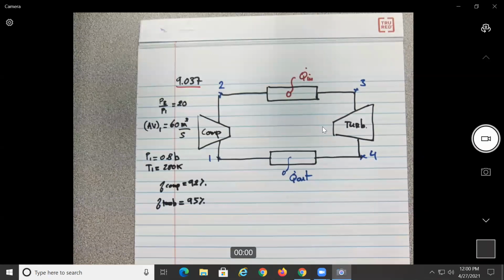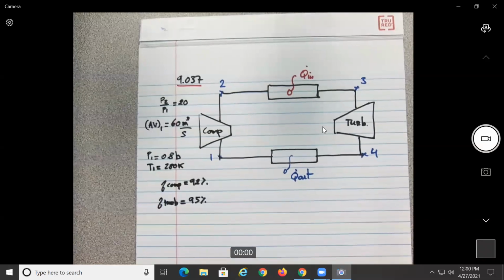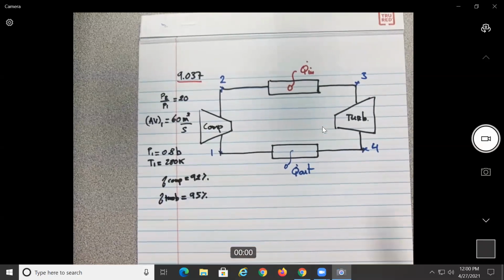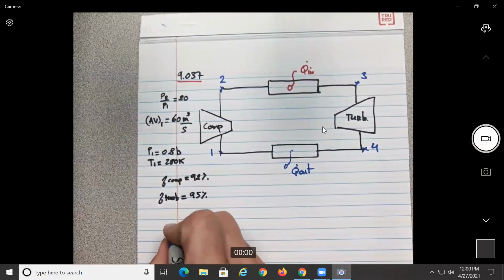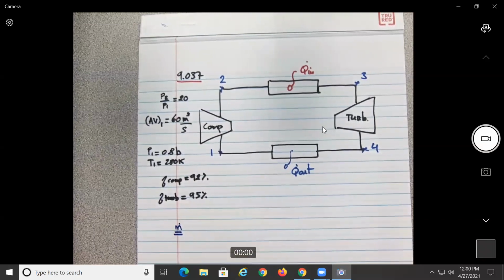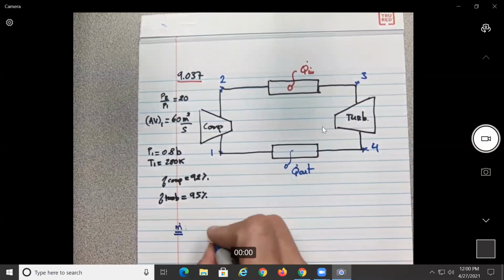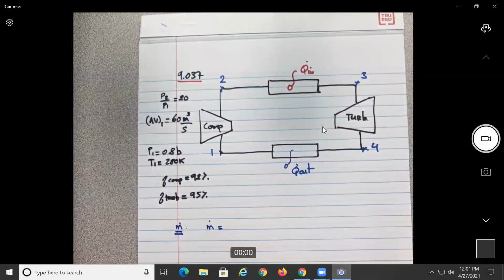Okay, but before that, we need to find the volumetric flow rate. Sorry, the mass flow. So in order to find the mass flow, I think we need to do that from the compressor. What is the definition of mass flow?